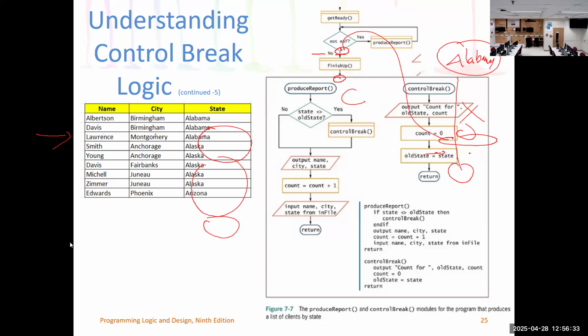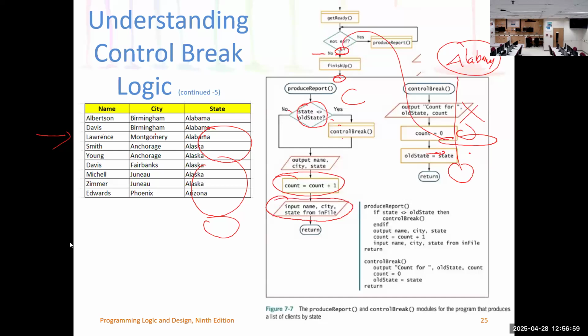But if it's equal, you keep increasing the counter here. You increase the counter, and of course, after that step, you have to move to the next record by reading again.